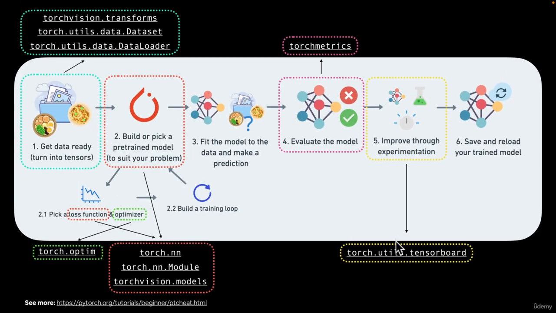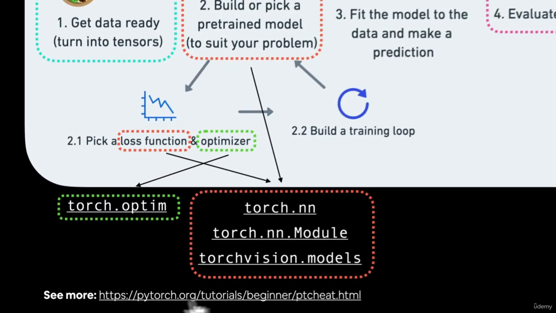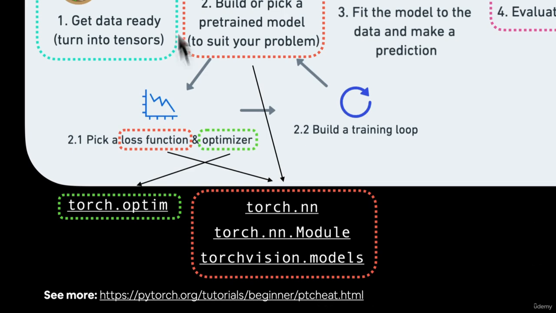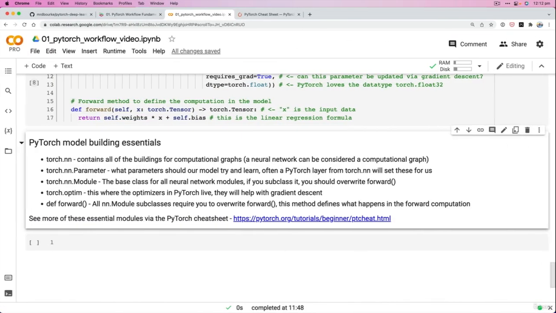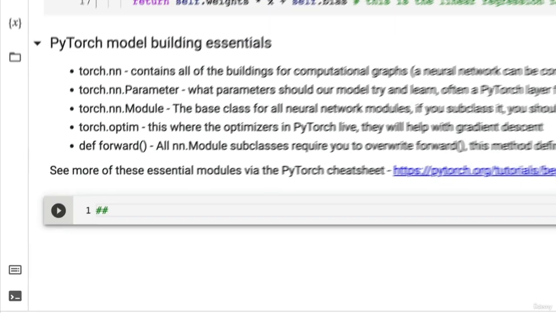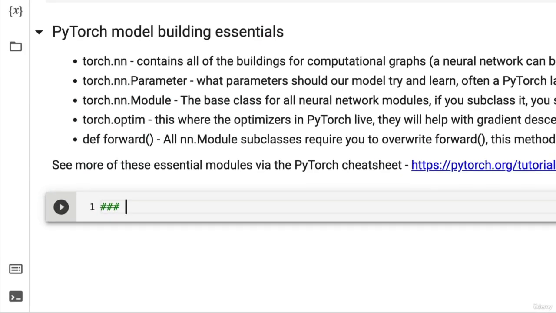But again, if you want more, there's some at the PyTorch cheat sheet. Now this is just adding a little bit of color and a little bit of code to our PyTorch workflow. With that being said, let's get a little deeper into what we've built, which is our first PyTorch model. So, checking the contents of our PyTorch model.